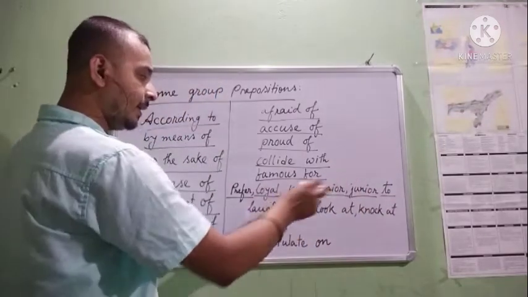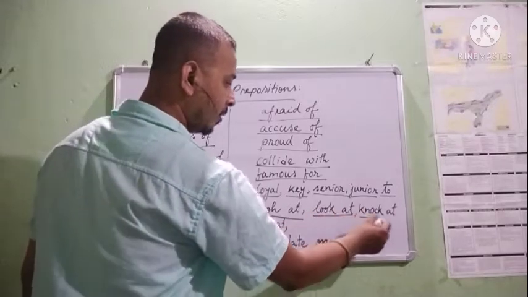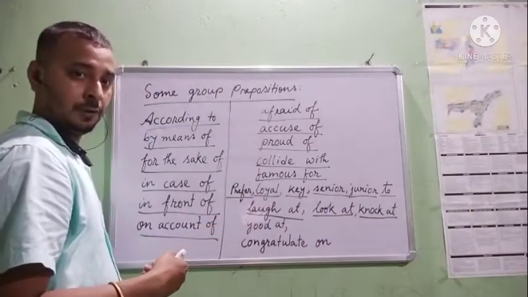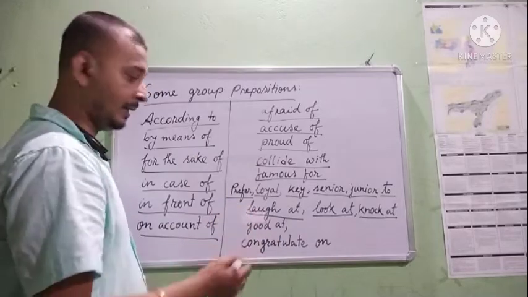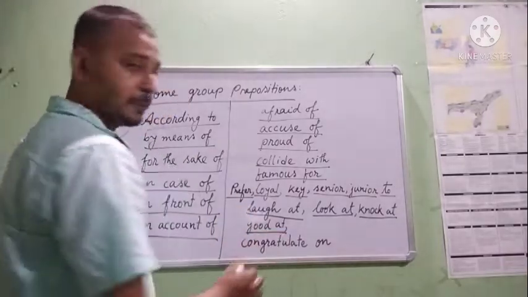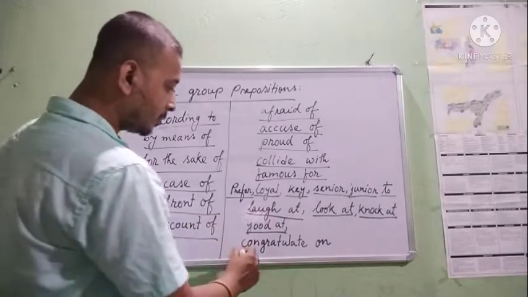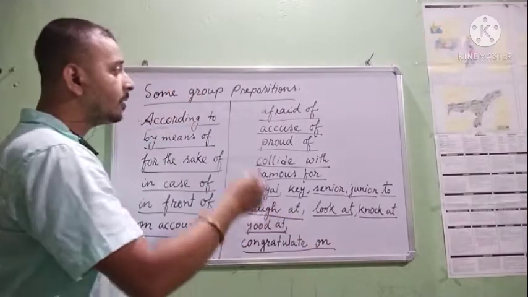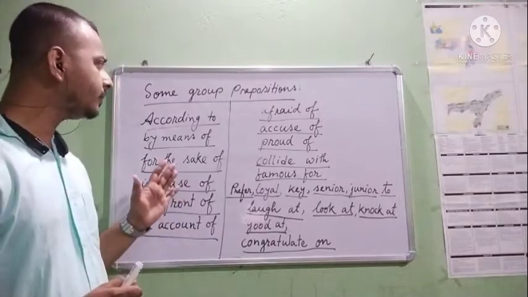So these all take to. Laugh at, look at, knock at. Your exam is knocking at the door, like that. What are you looking at? What are you laughing at? Like that. Good at. Suppose I am good at cricket, you are good at mathematics, like that. Congratulate on. So these are some group prepositions you should know.